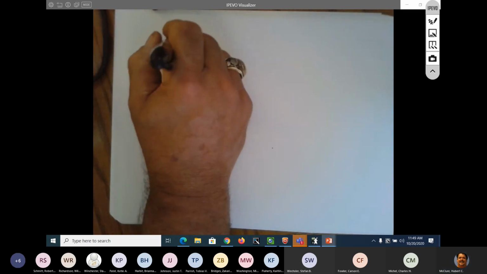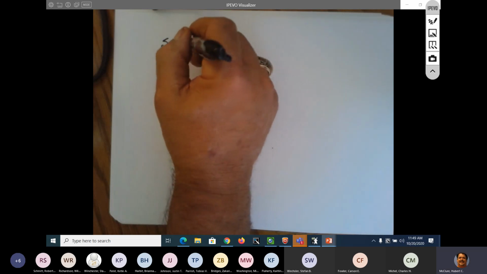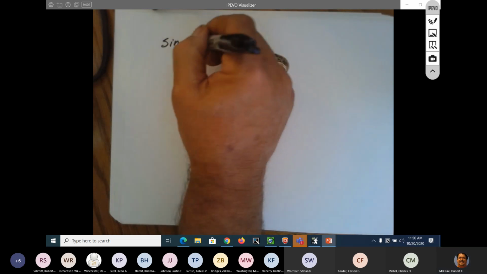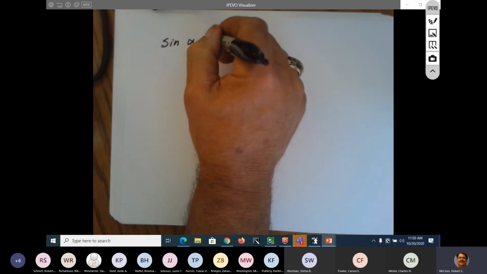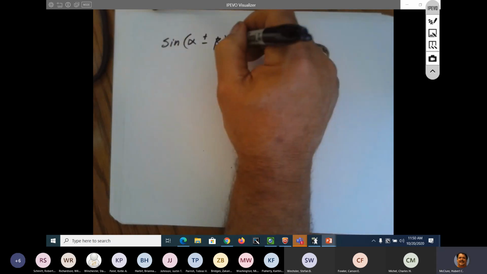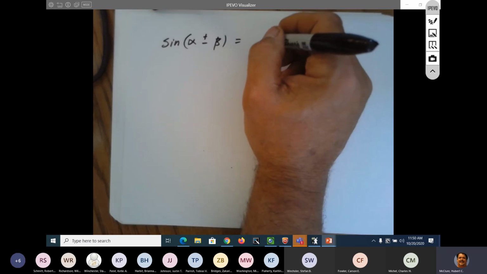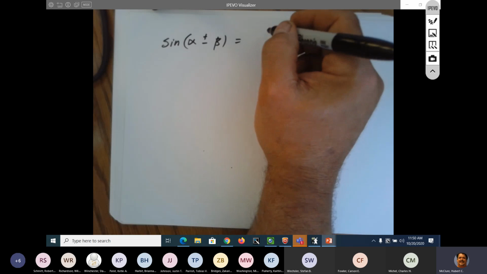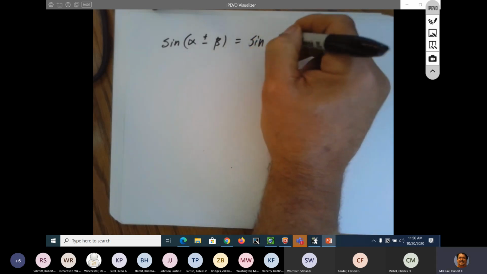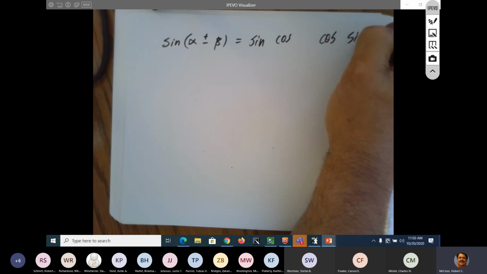Sine of alpha plus or minus beta is equal to, this is opposite now, the signs are the same, but it's going to be sine, cosine, cosine, sine.